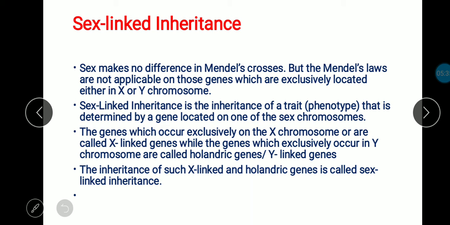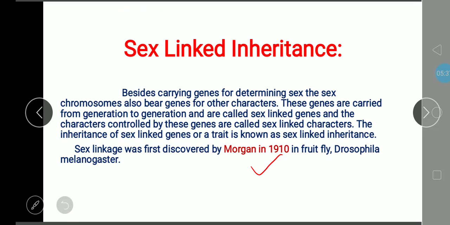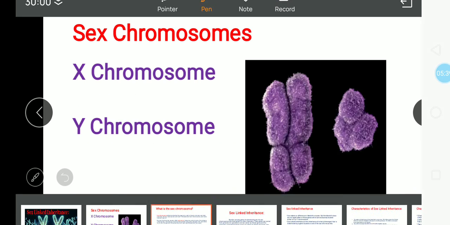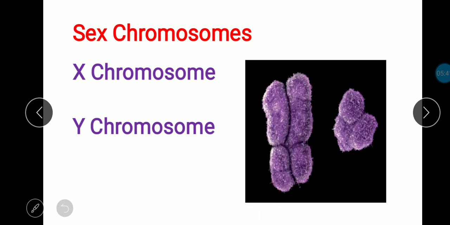In the first diagram, you observe the chromosomes, X chromosome and Y chromosome. These are the sex chromosomes, which are different from the autosomes. Autosomes means the chromosomes which carry all the body characters, that is, the remaining characters without the sex.